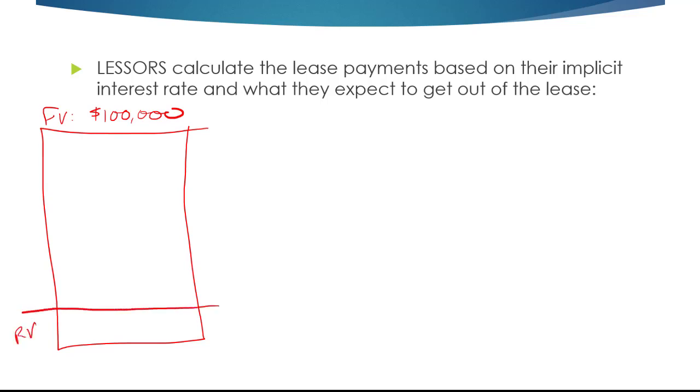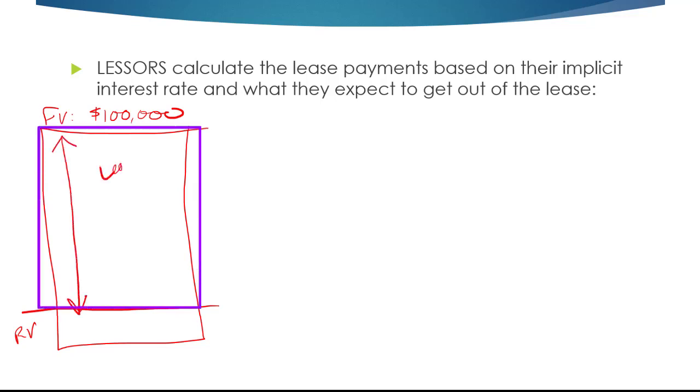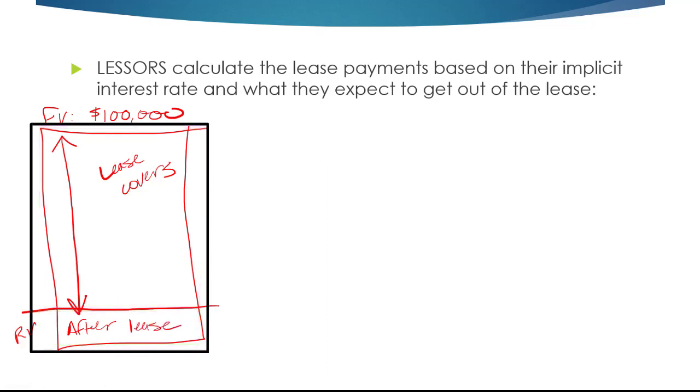And I'll take that out of what the lessee has to pay. So this is what the lease has to cover. And this is what the residual or after lease will give me. And the sum of these two is going to give me that $100,000. And that's the real key to this, is remembering I'm going to get my $100,000 one way or another.